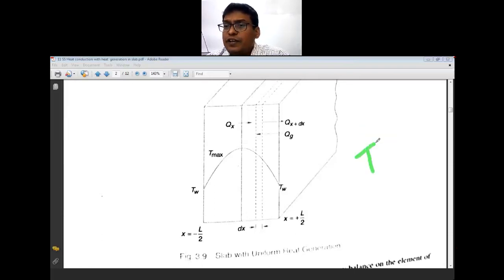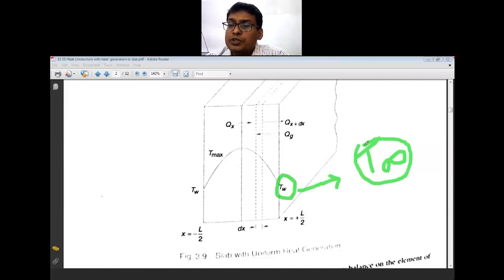T infinity is my surrounding temperature. From this wall at temperature TW, I am getting the heat to this surrounding at T infinity temperature.